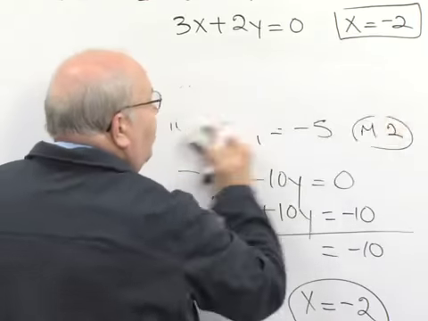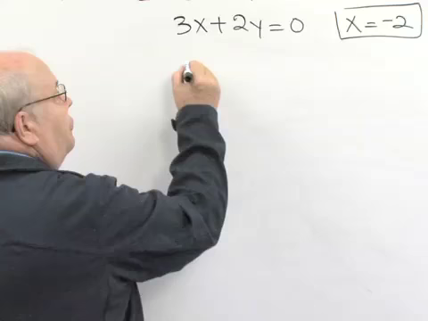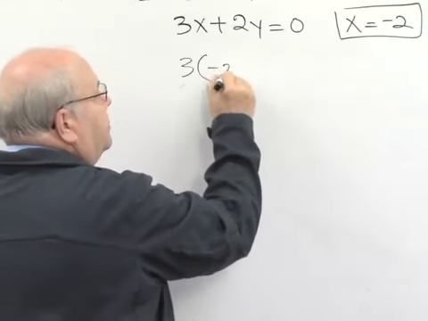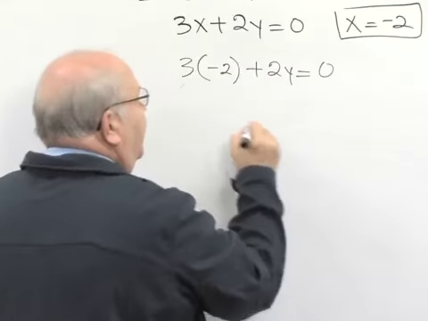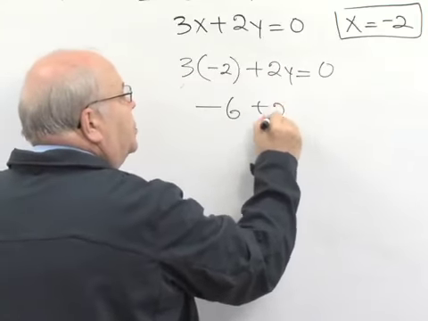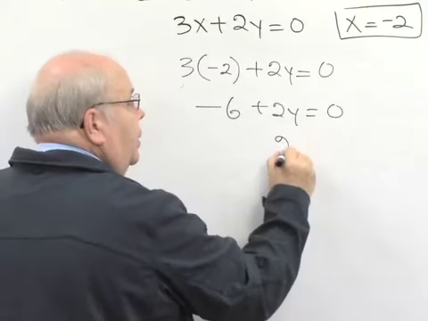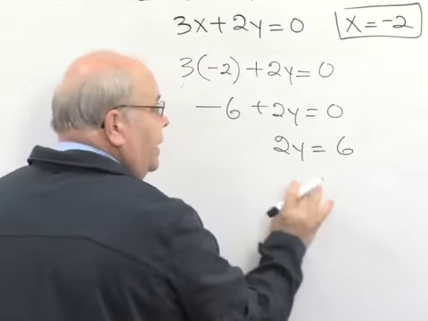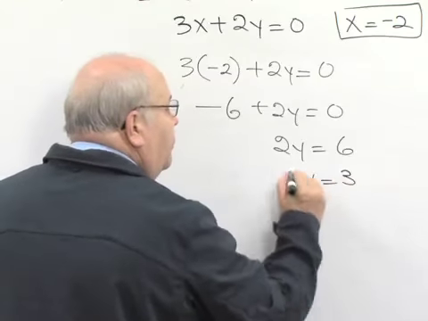Now, let's see what will happen when we substitute that expression. 3 times negative 2, plus 2y equals 0. Negative 6 plus 2y equals 0. If I add 6 to each side, 2y equals 6. If I divide each side by 2, I get y equals 3.